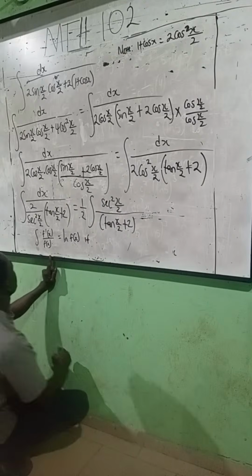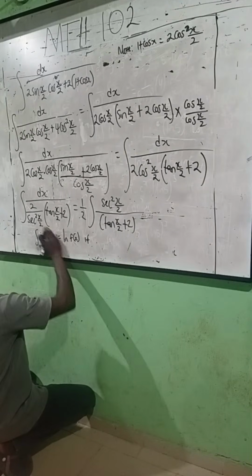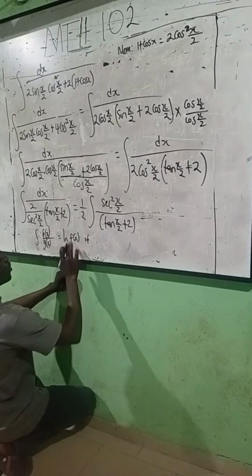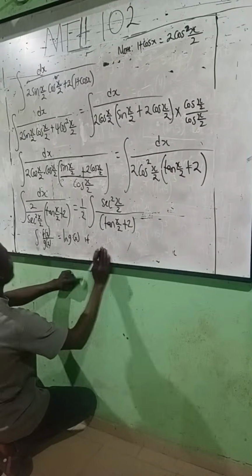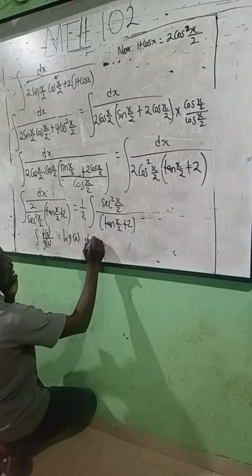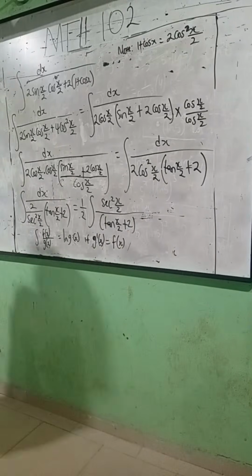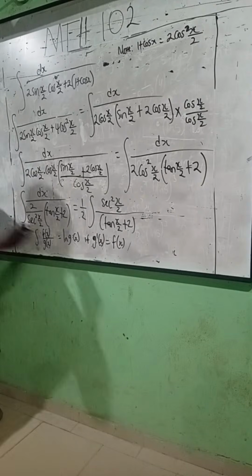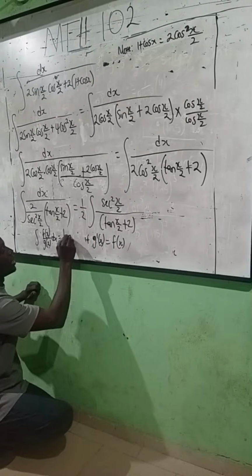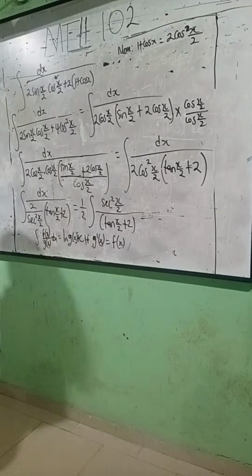Wait, sorry. The integral of f of x over g of x dx equals ln g of x plus c, if g prime of x equals f of x.